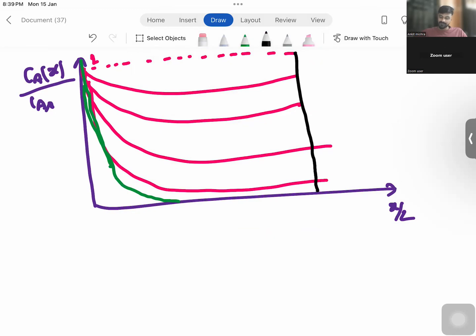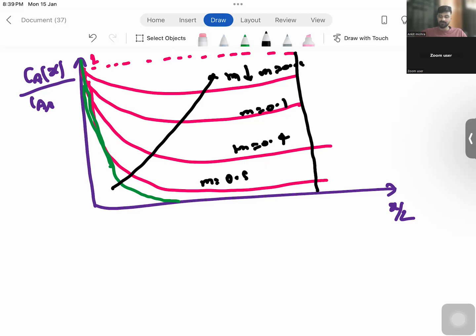Fine. So here, if you go from this side to this side, what happens? The value of m will be decreasing, right? So here m may be, let's say, 0.5, 0.4, 0.1, 0.05, kind of that. So the m value will be decreasing. What does it mean? If m is decreasing, k is decreasing, diffusion is increasing, right? So in that particular region, rate is less, diffusion is more.